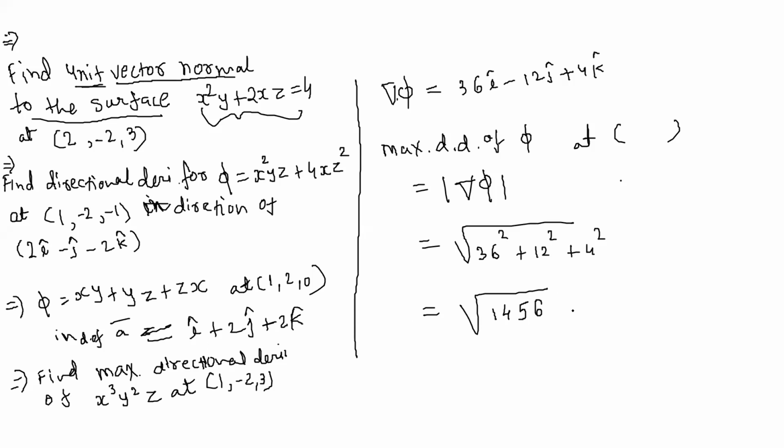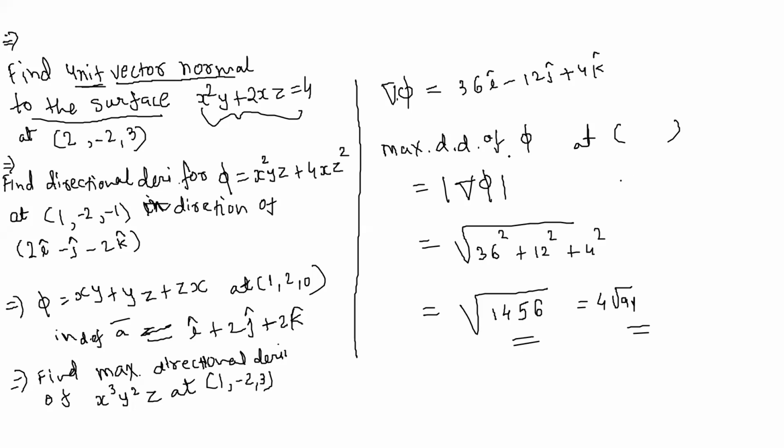Root of 1456. This number can be divided by 16, so that becomes 4 root 91. You can stop here or here. Very good, Priyank. So this is your maximum directional derivative of phi at the given point.